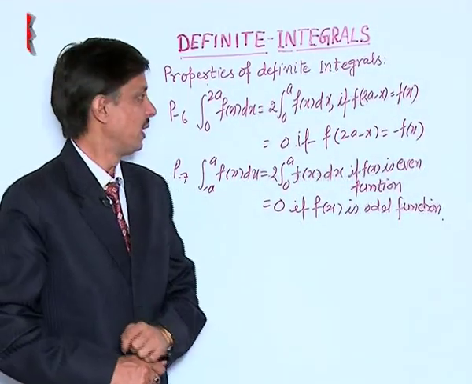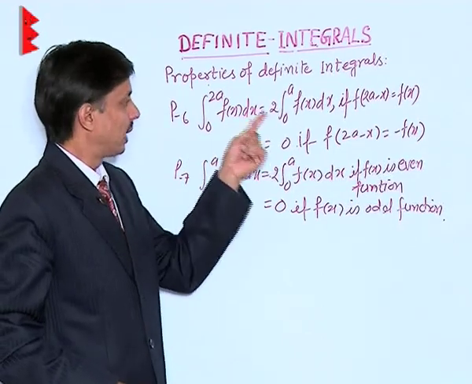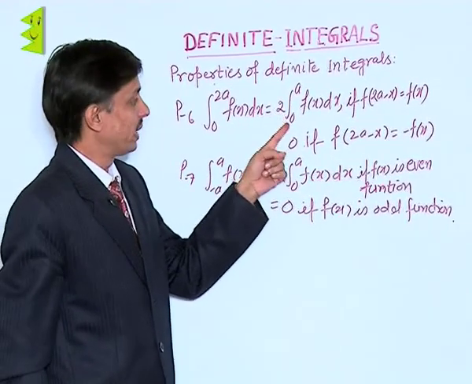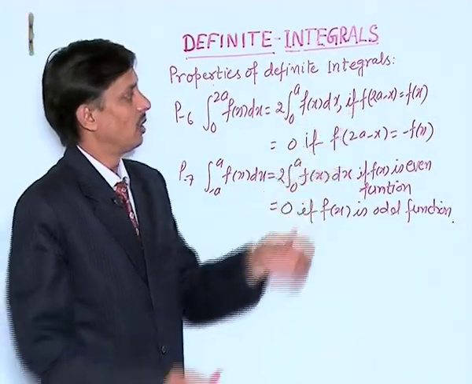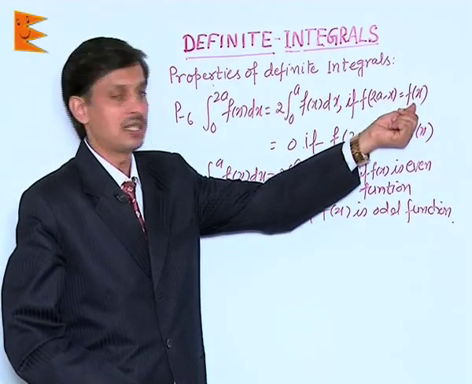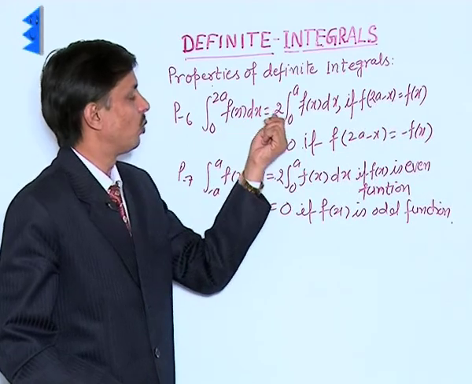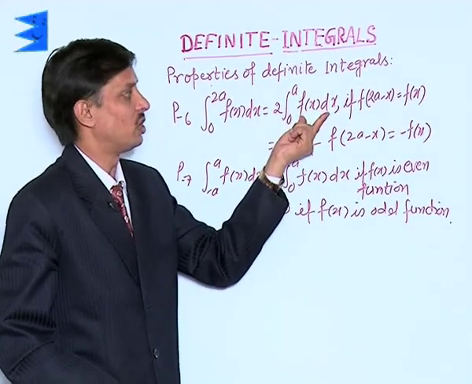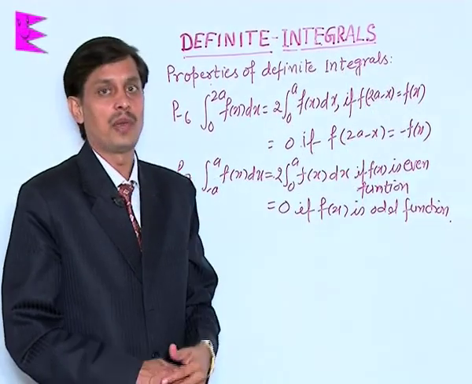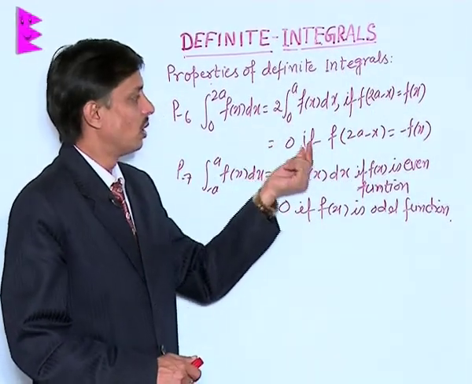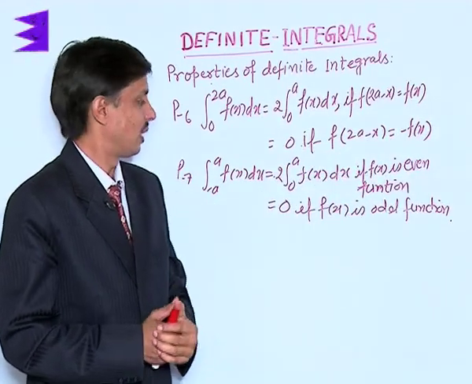Now the sixth property: the integral from 0 to 2a of f(x) dx can be written as twice the integral from 0 to a of f(x) dx if f of 2a minus x is f(x). Whenever you want to write the integral from 0 to 2a of f(x) dx as twice the integral from 0 to a of f(x) dx, you need to verify whether f of 2a minus x is equal to f(x) or not, and it is 0 if f of 2a minus x is equal to minus f(x).